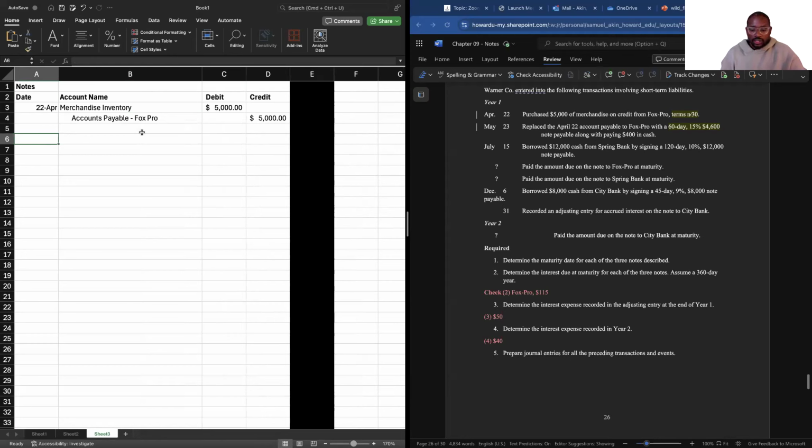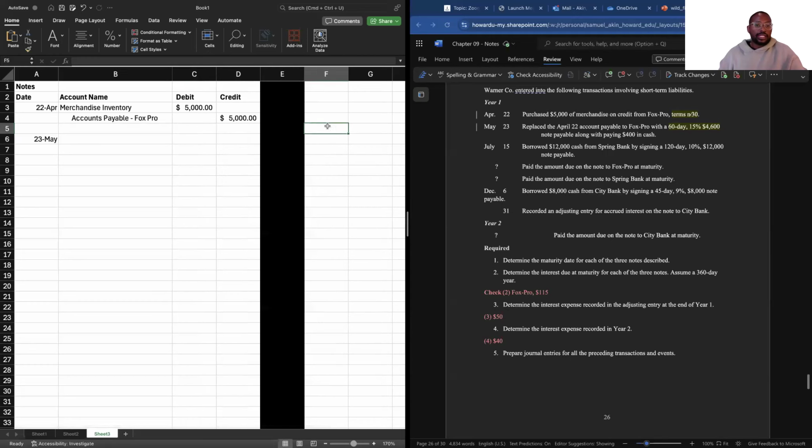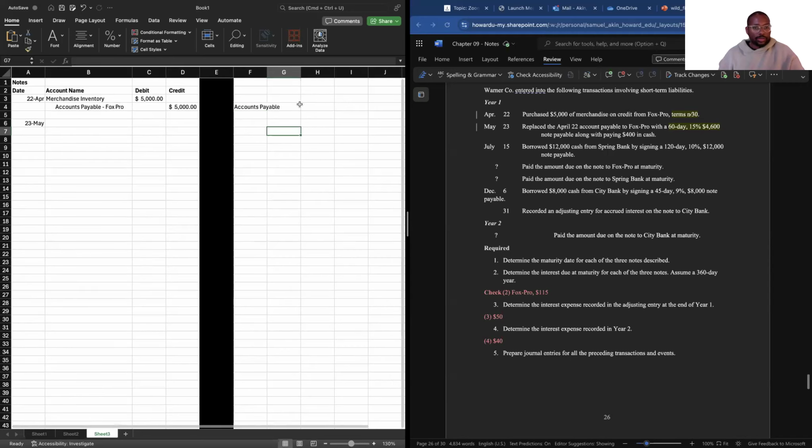So on May 23rd, though, it looks like we're replacing that accounts payable with a notes payable. Now, this is where we get into discussion, because what I tell my students is that accounts payable is for transactions that are 30 days or less.